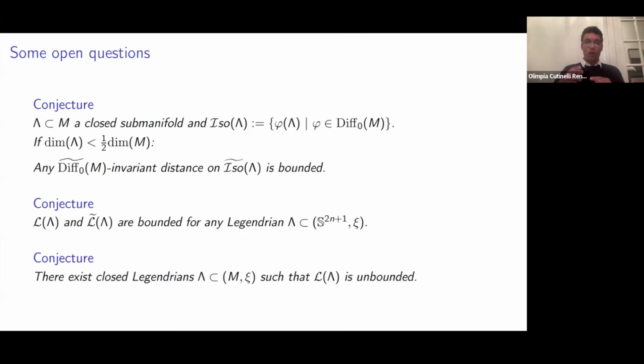And maybe a last question. All the unboundedness results for Legendrians were not on the Legendrian isotopy class itself, but on the universal cover of the Legendrian isotopy class. And actually, I think there is no unboundedness result for closed Legendrians on the Legendrian isotopy class itself, without going to the universal cover. It's easier to find unboundedness or rigidity results on the universal cover because you remember more about the Legendrian.